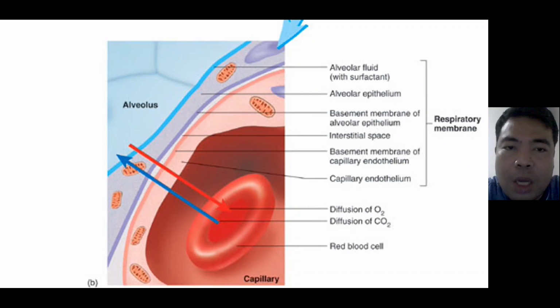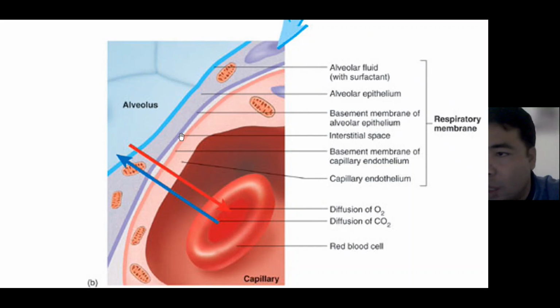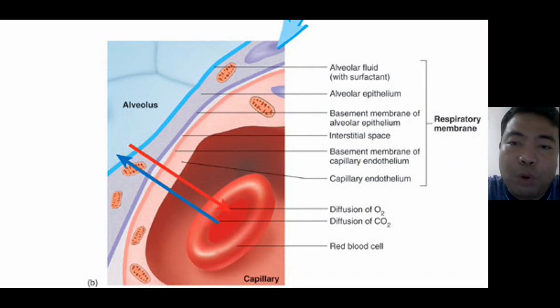Now, in cases of fluid accumulation in the interstitial space, pagka kasi ang baga, nagkakatubig, di ba? Mayroong ganong sinasabi ang mga doktor. If the patient has severe pneumonia, for example, there is this tendency for fluid to accumulate in the interstitial space. So, ang tawag doon, pulmonary edema. Naiipon yung tubig sa interstitial space.